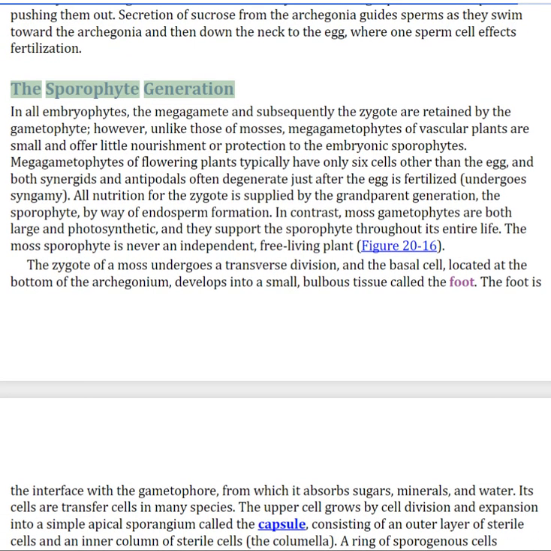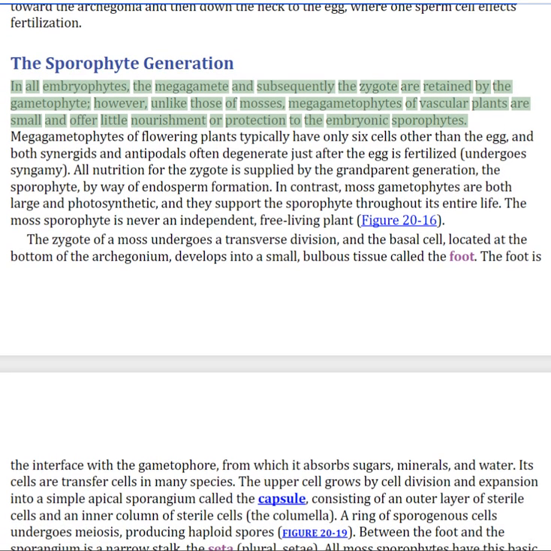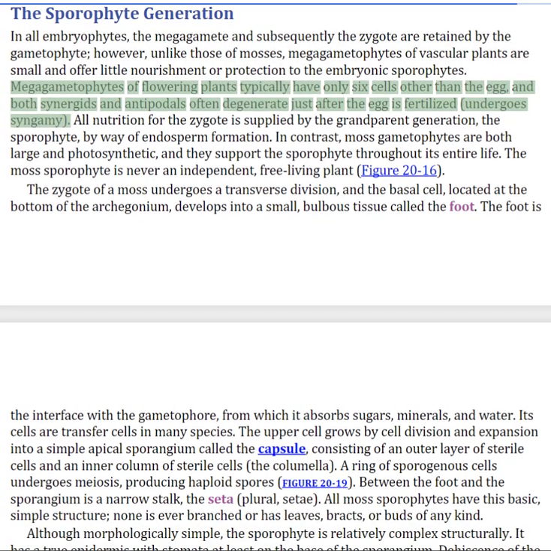The sporophyte generation. In all embryophytes, the megagamete and subsequently the zygote are retained by the gametophyte. However, unlike those of mosses, megagametophytes of vascular plants are small and offer little nourishment or protection to the embryonic sporophytes. Megagametophytes of flowering plants typically have only 6 cells other than the egg, and both synergids and antipodals often degenerate just after the egg is fertilized.